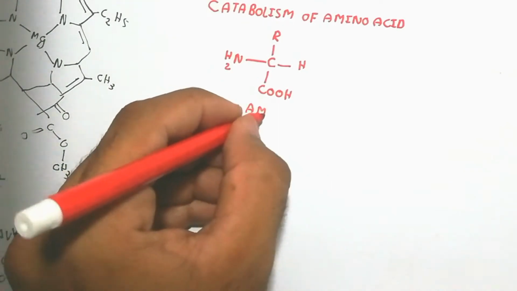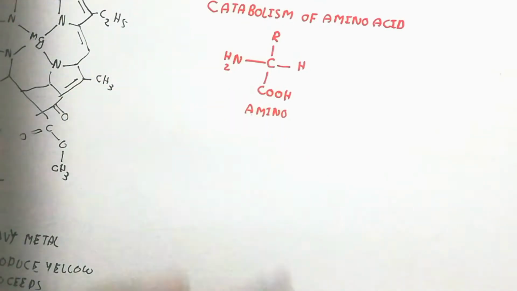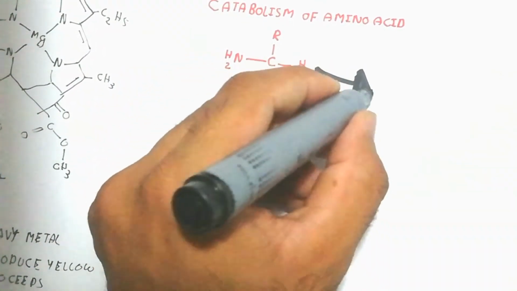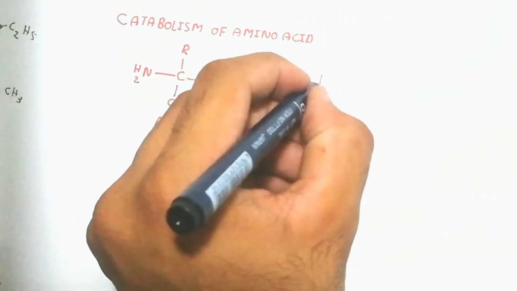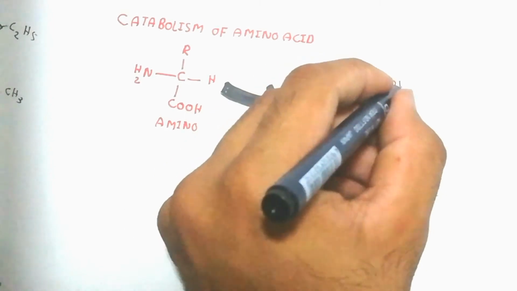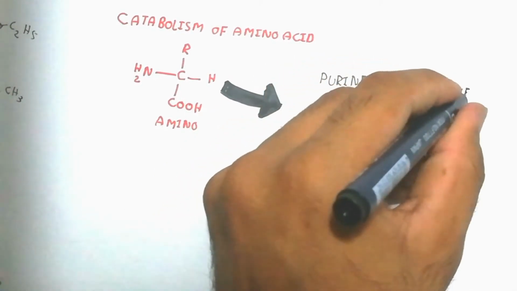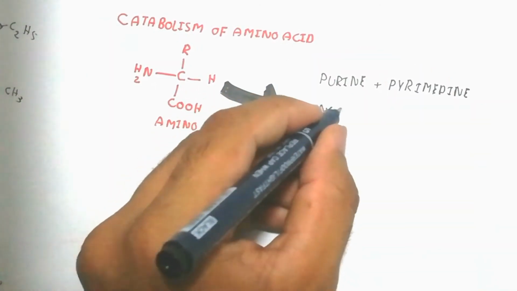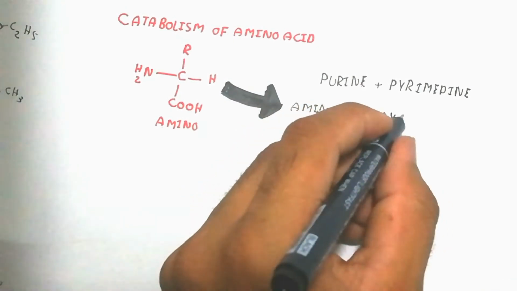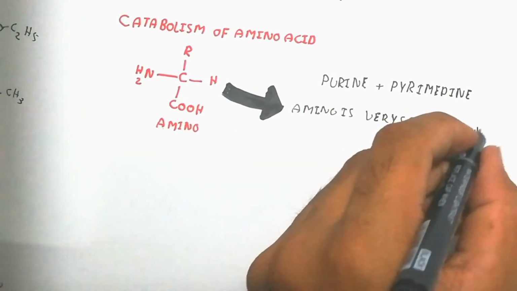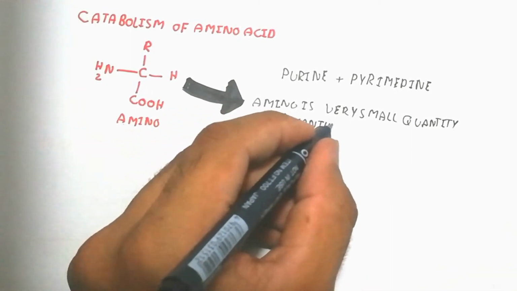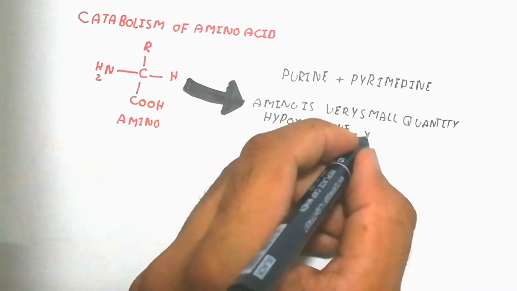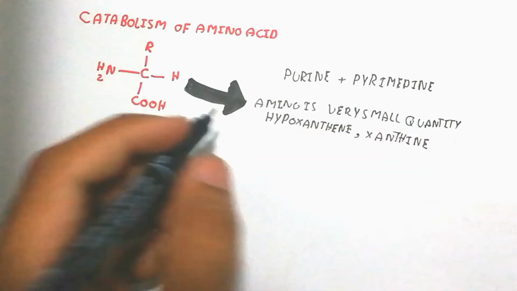So here is the catabolism of amino acid. First of all, there are purine and pyrimidine, which are waste materials when an excess amount of purine and pyrimidine is present in the blood. Another is the amino acid, in very small quantity in excretion from the kidney.